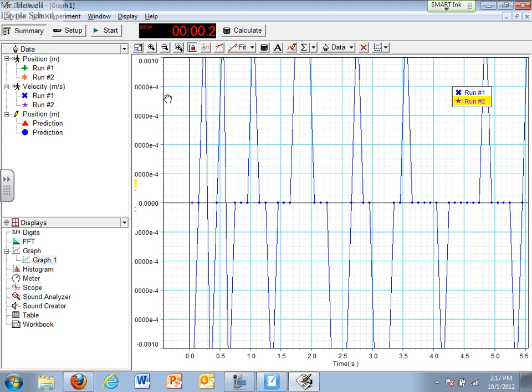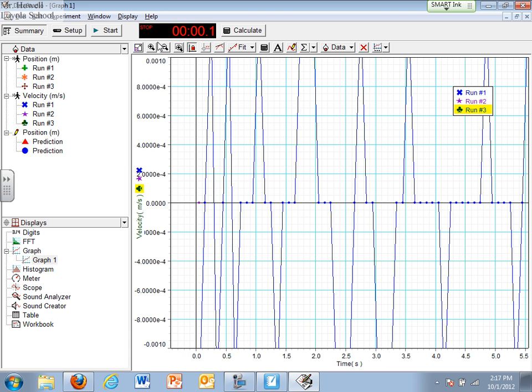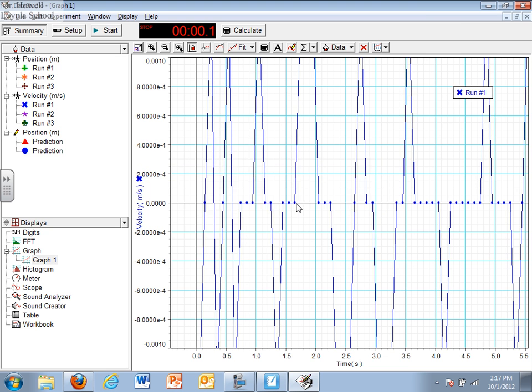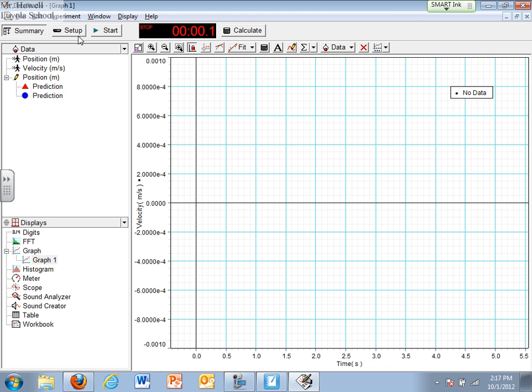All right. Let's see what happens now. Let's try it one more time. Now, I did 0.001 meters, which is millimeters per second. So we might have to go a little bit higher after that. We might have to zoom in further. I might have gone too far. Let's try this.